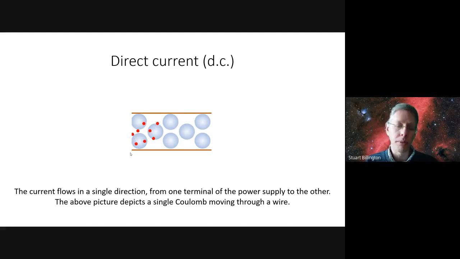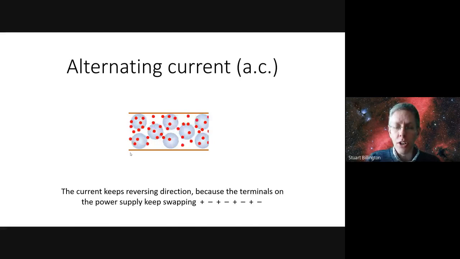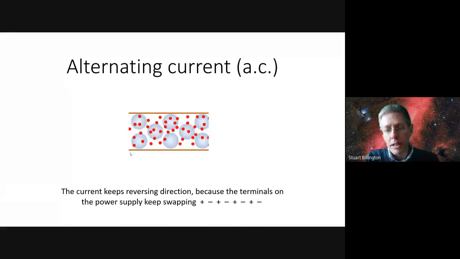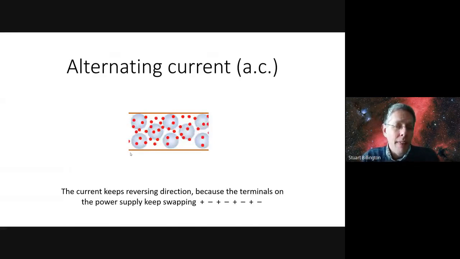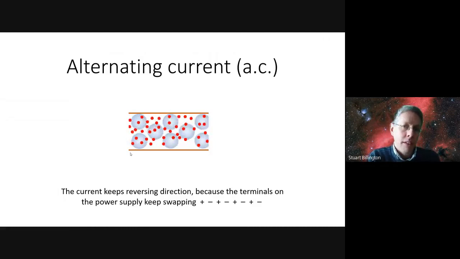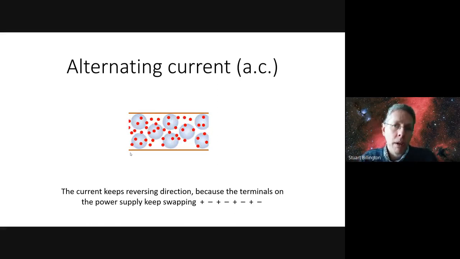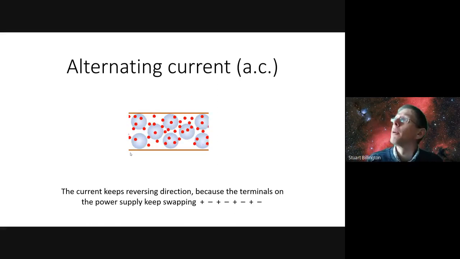What about mains? How is that different? I don't know how clear this will be on the video, but hopefully you can see that these electrons are traveling in the same direction for a bit, and then they stop and they come back again, and then they stop and go back in the first direction again, and then they stop and reverse again, back the way they came.